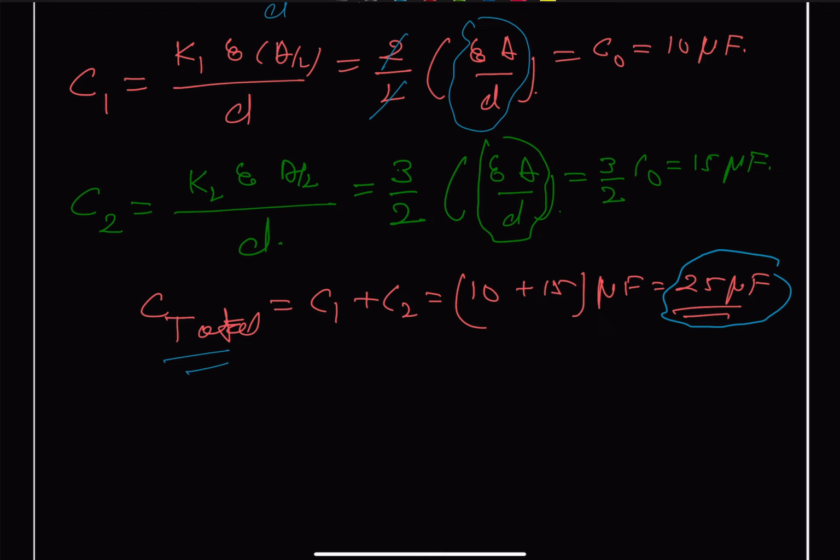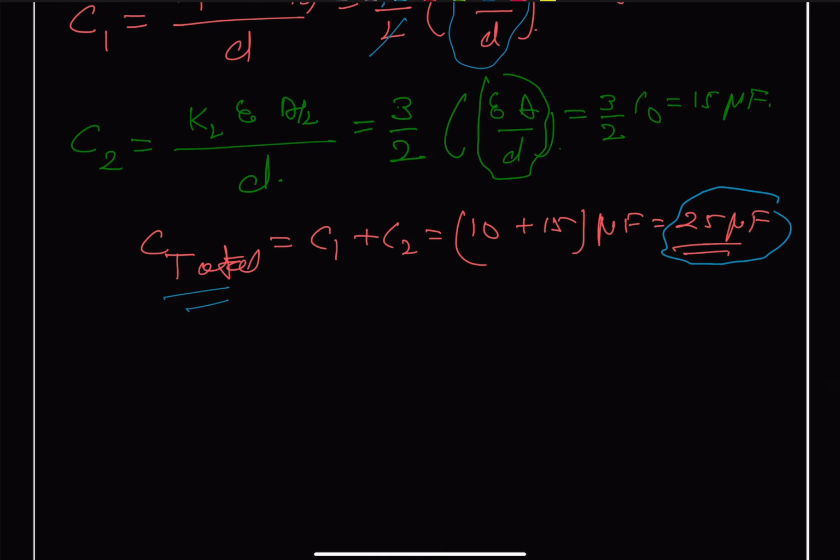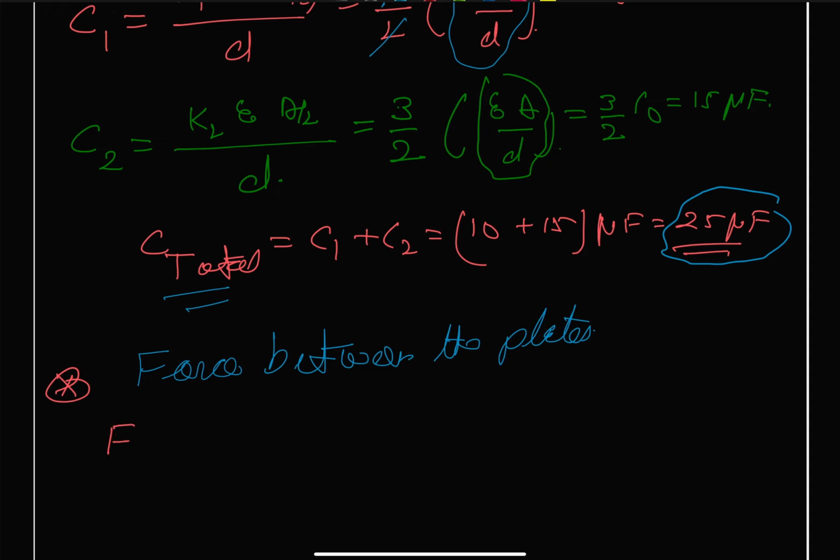Now we come to the force between the plates. For a parallel plate capacitor, if the force is represented as F, it will be equal to half epsilon E square multiplied by area.